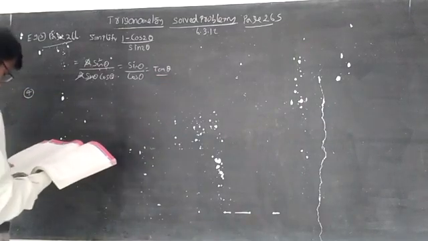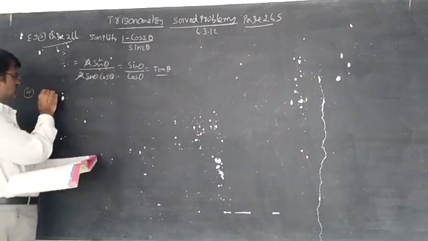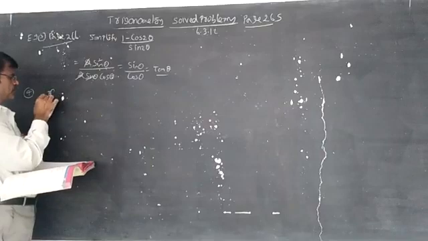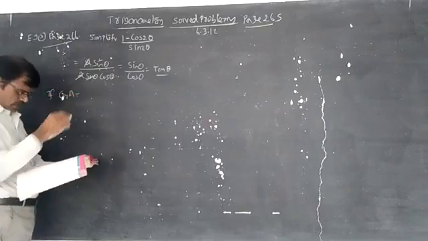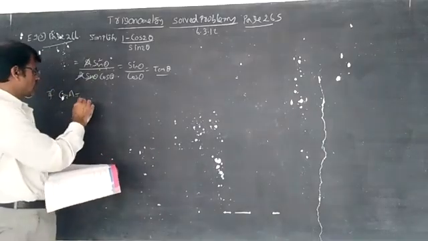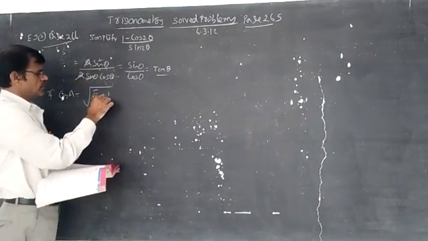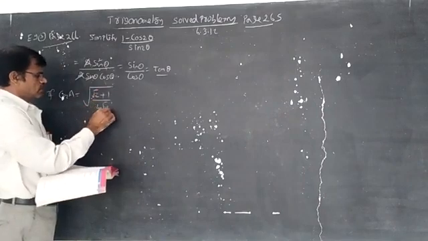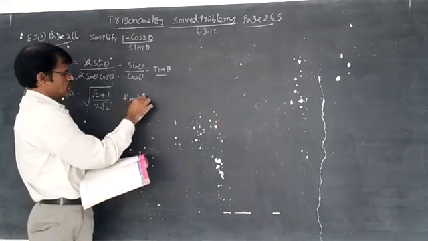Fourth question is there. If cos A is equal to square root of root 2 plus 1 by 2 root 2, find cos 2A.